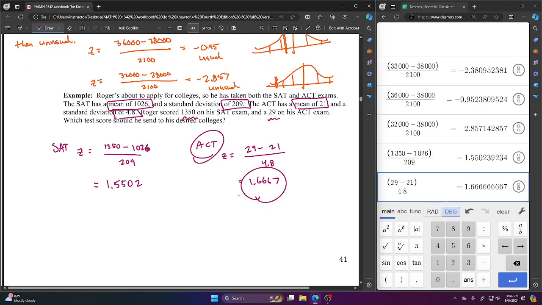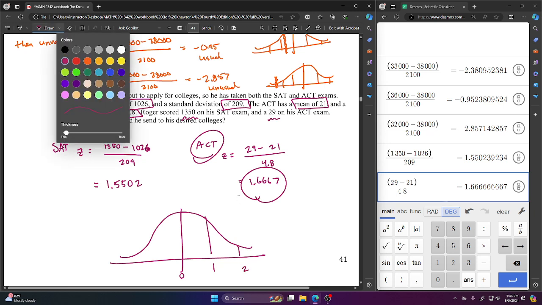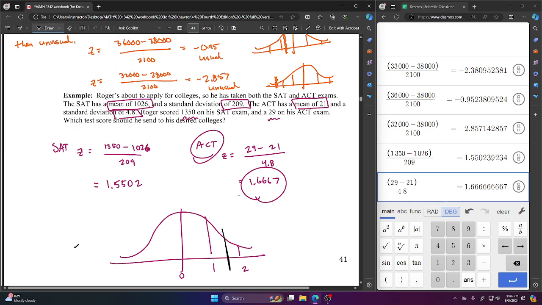If we were to draw this on a bell curve, we've got 0, 1, 2. My bell curves get worse and worse over time. So my SAT is right here. That's the SAT. But my ACT is right here, a little bit more. So this is better.